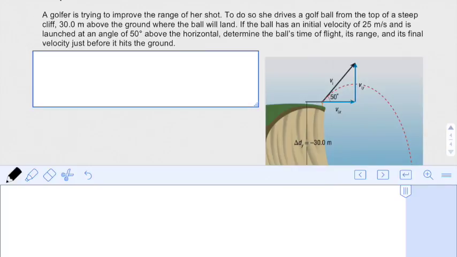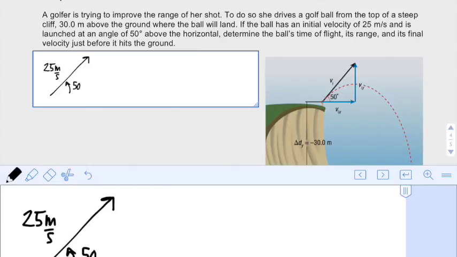Before even attempting any of these problems, I want us to identify the x and y components of the golf ball's initial velocity. So the golf ball's initial velocity has a magnitude of 25 meters per second at an angle of 50 degrees to the horizontal.